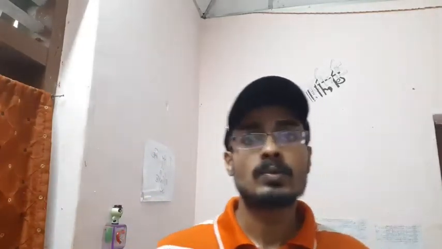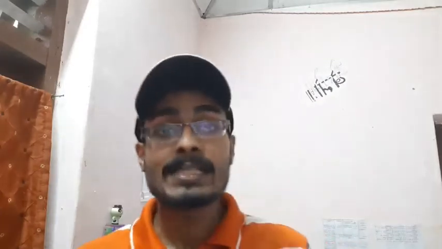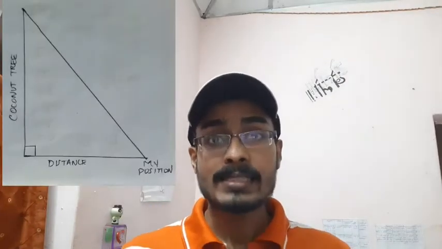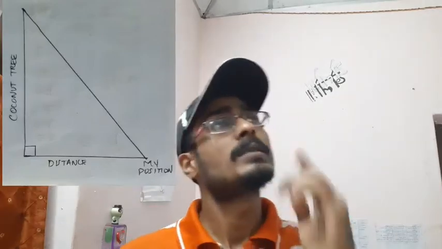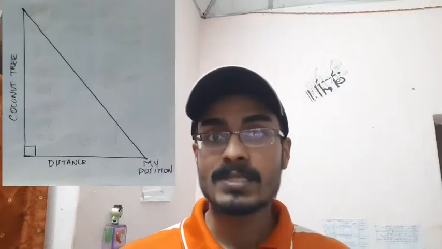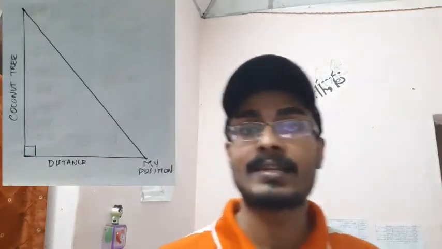Now, I was asking you how to find the height of poles, coconut tree, and you may be wondering there is no triangle involved. But imagine that I am standing at a distance from a pole or a coconut tree, and I am looking at the top of the tree or the pole. Now, when these lines connect, it forms a right angled triangle with 90 degrees as one of its angles.